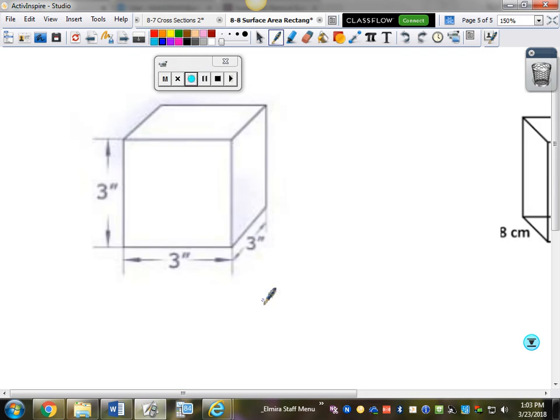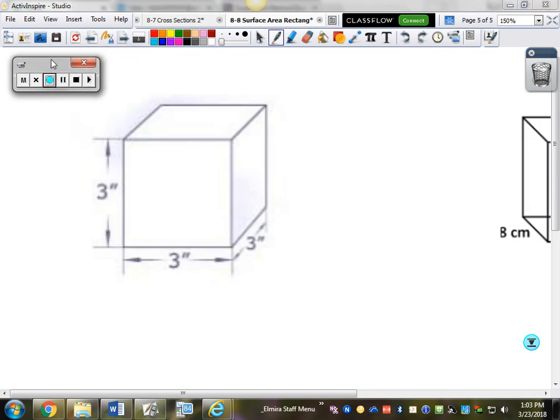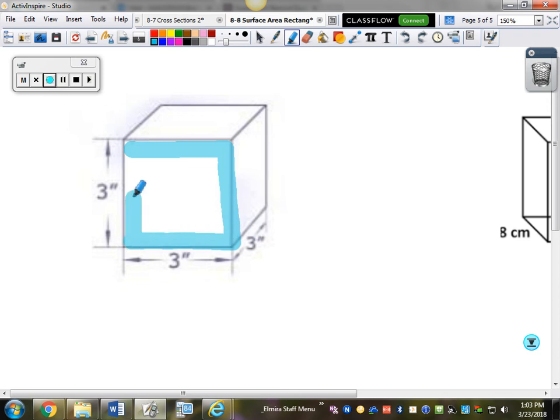Next I want to talk about cubes, because cubes are special. Think about a dice. On a dice or a cube, all the faces are the same. If I know that this front face is a square, 3 by 3, which is 9, the front and the back are the same, but so is the top, so are the sides, so is the bottom.